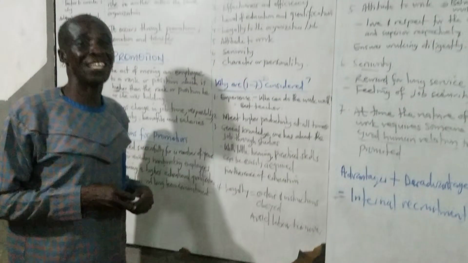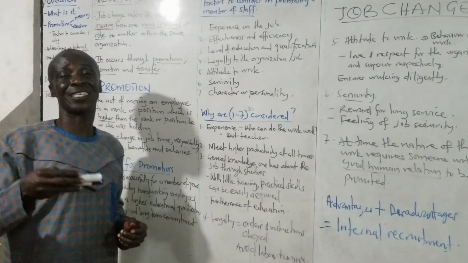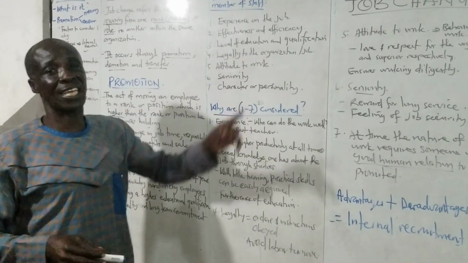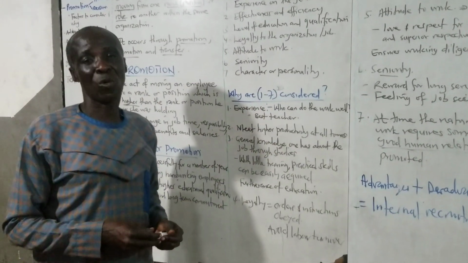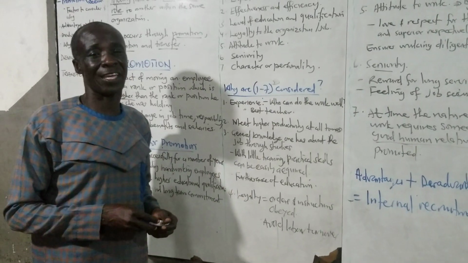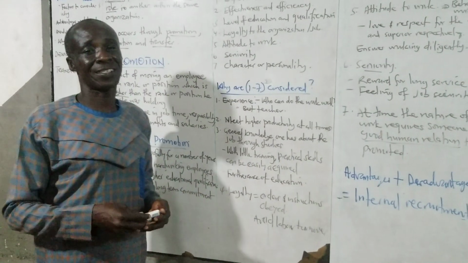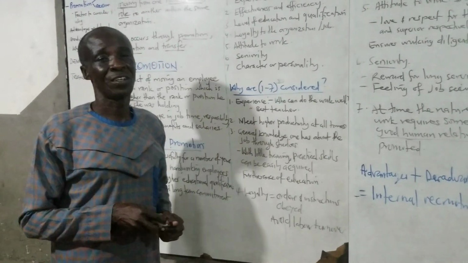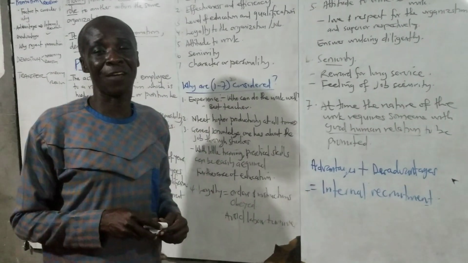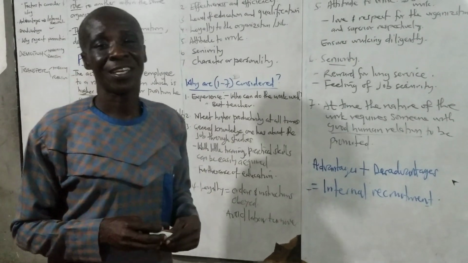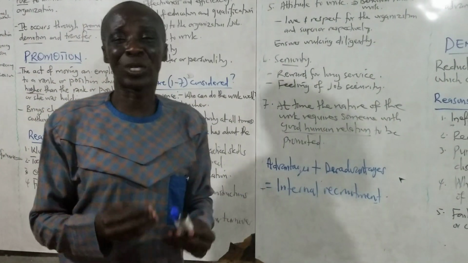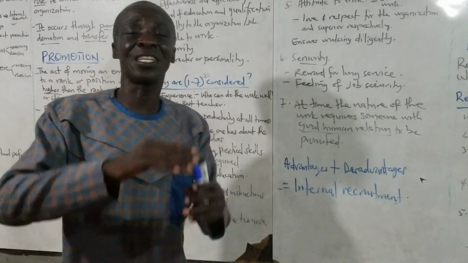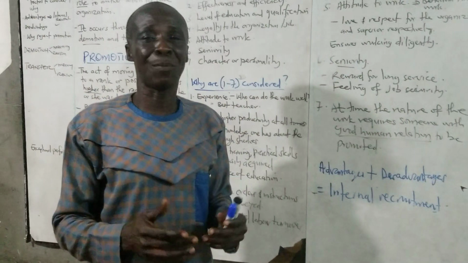The second one is effectiveness. They will look at the person's effectiveness and efficiency. These two concepts have already been done when we were looking at business and society. So when you say somebody is effective, it means the person is able to achieve his or her objective. When you say the person is efficient, you know what it means. This person is able to work with minimum resource or the same time, but the person is able to produce more than before.